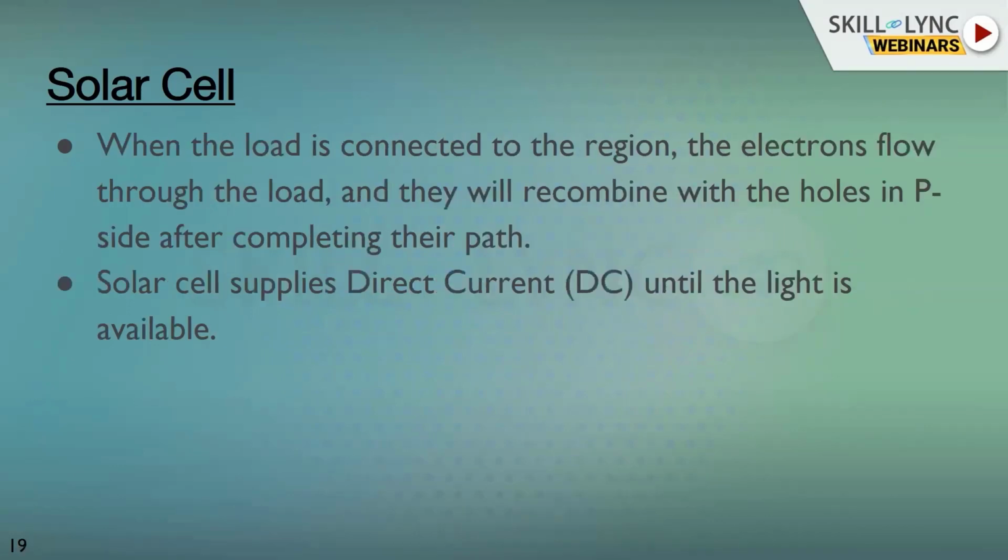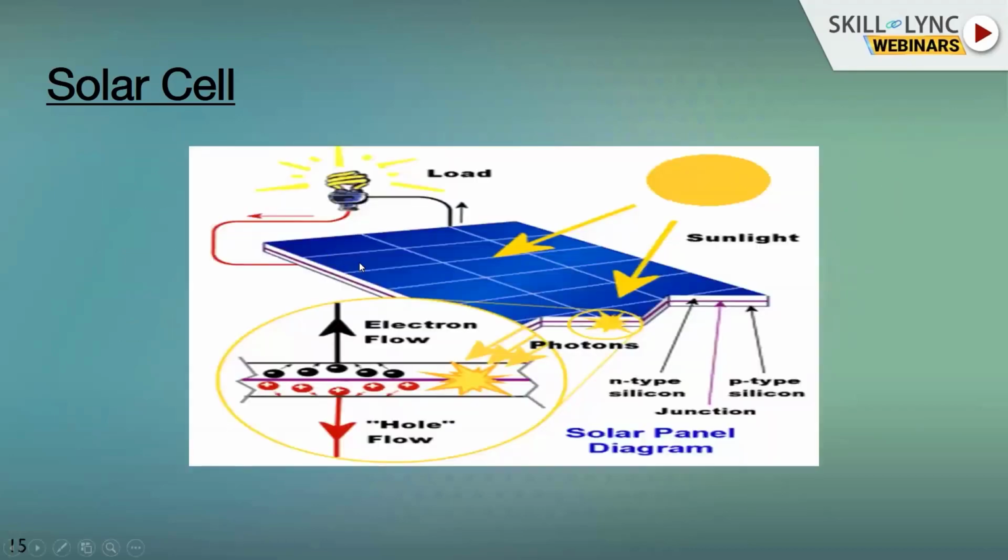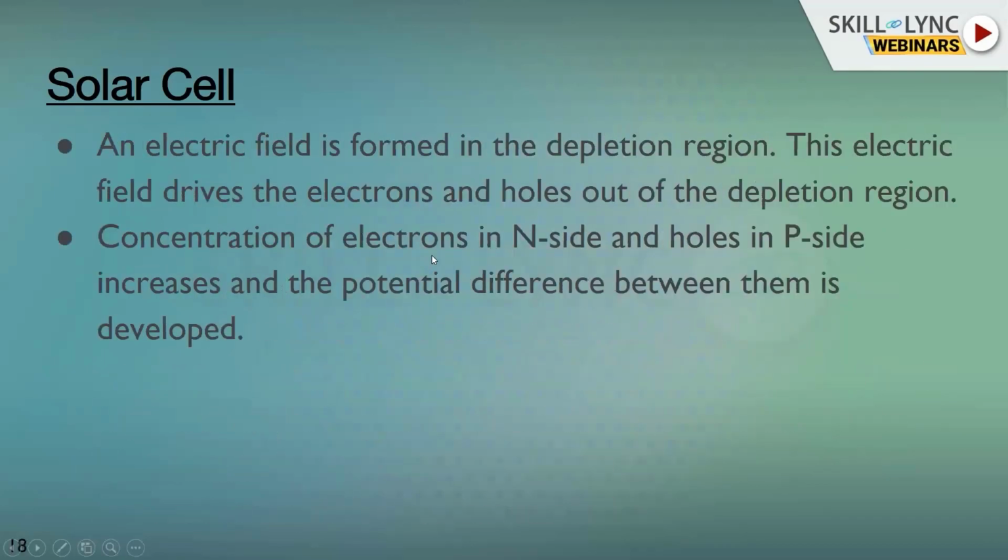That potential difference will drive the electrons to flow from the n side region to the p side through the load. So when you connect the load, the electrons will flow from the n side to the p side, and that forms the electric current. This is how we can generate electricity.